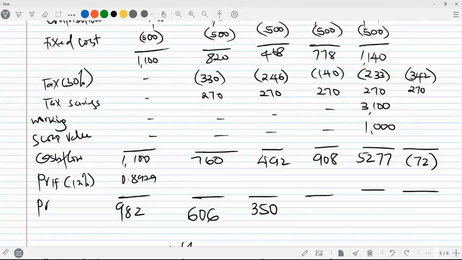Year 4, 580. Year 5, 2994. Year 6, negative 36.